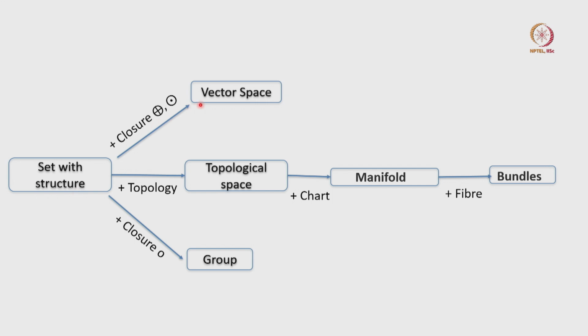And we know that a vector space has a closure property with respect to addition between the elements and scalar multiplication, and we will also go through quickly the closure property of group composition, about compositions of different elements which gives you group. This is what you know.